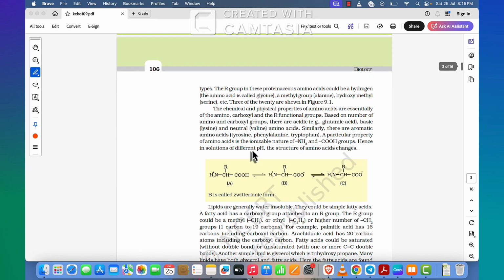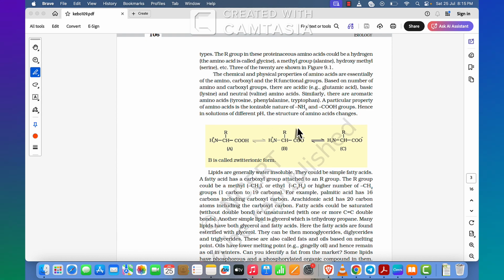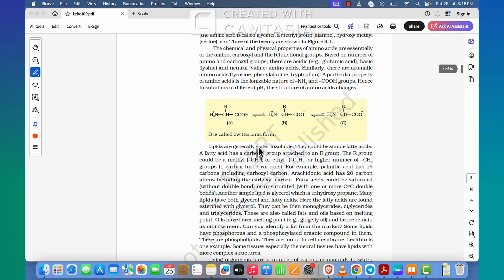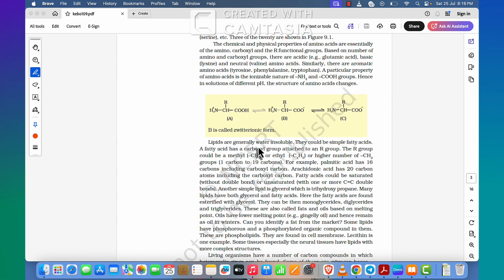The R group in these proteinaceous amino acids could be hydrogen. The amino acid is called glycine. A methyl group, alanine, hydroxyl methyl, serine, etc. 3 of the 20 are shown in figure 9.1. The chemical and physical properties of amino acids are essentially of the amino, carboxyl, and the R group functional groups.